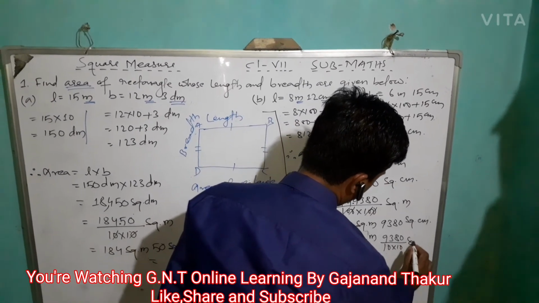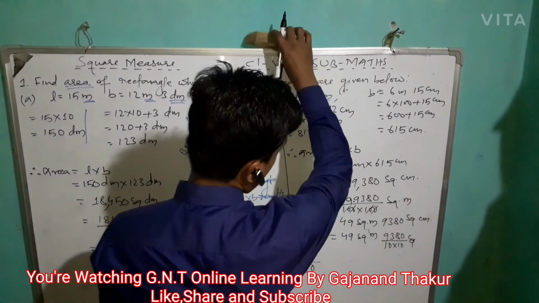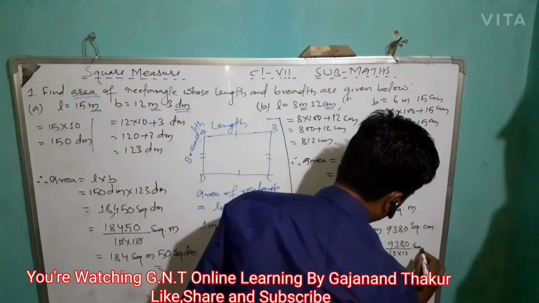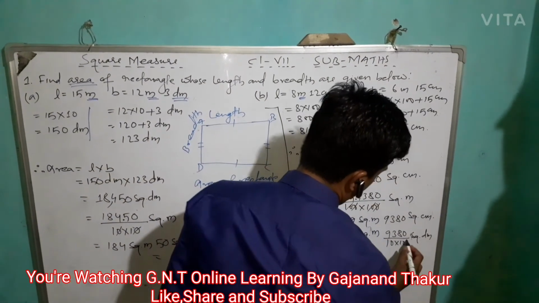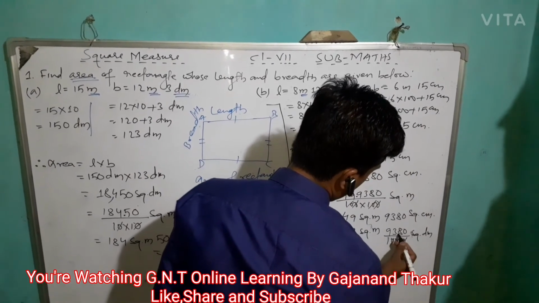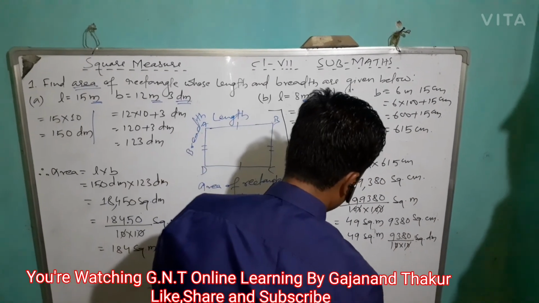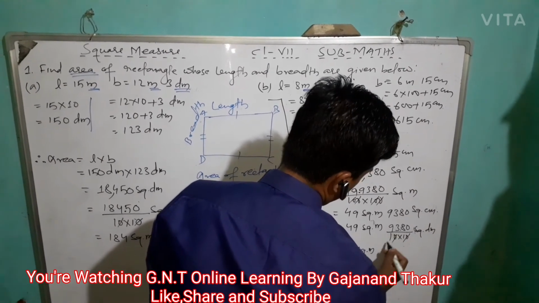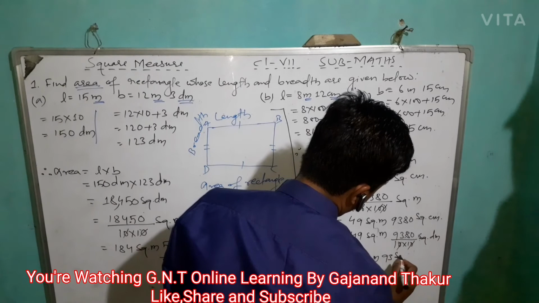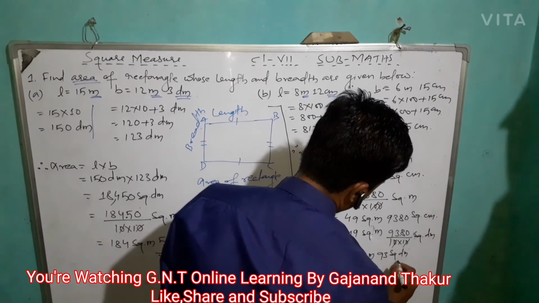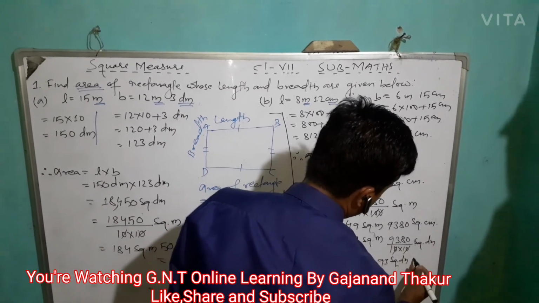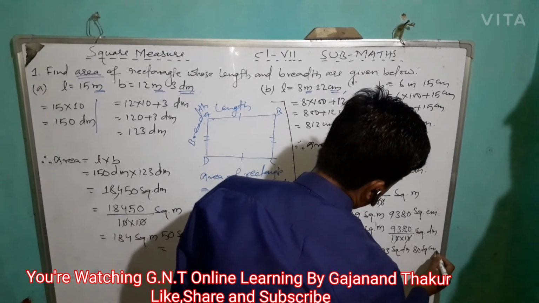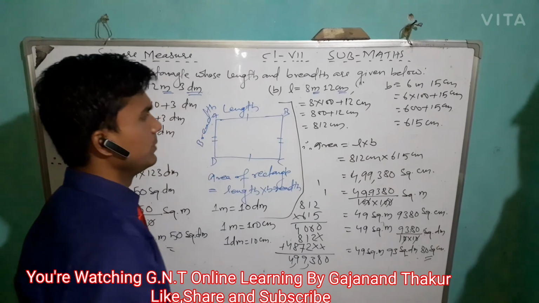Now it will become square decimeter. So how much will we get here? 49 square meter, 93 square decimeter, and what is the remainder? 80 square centimeter. So this is the solution of this question.